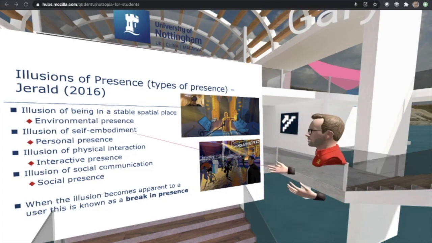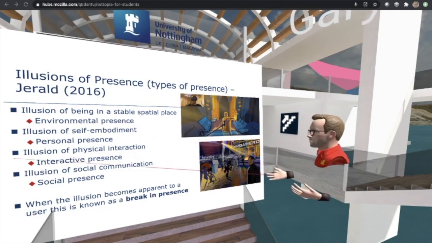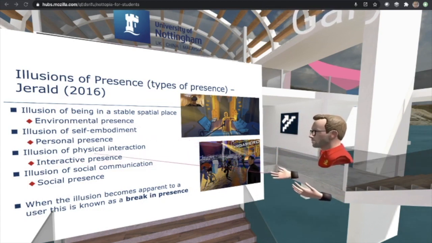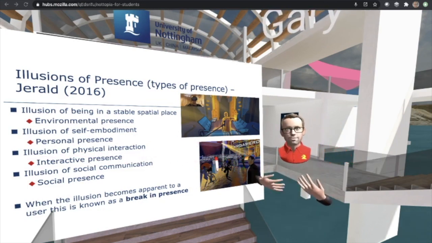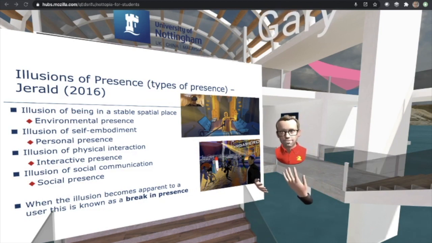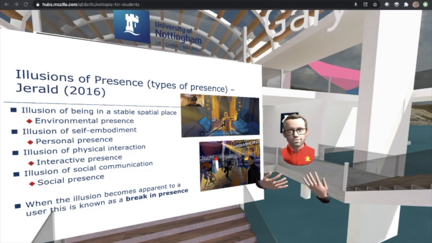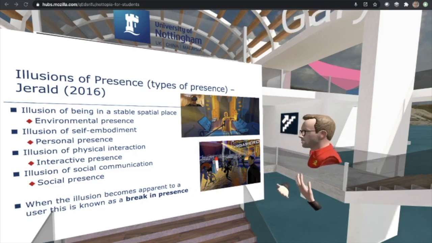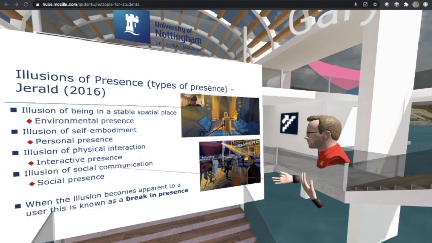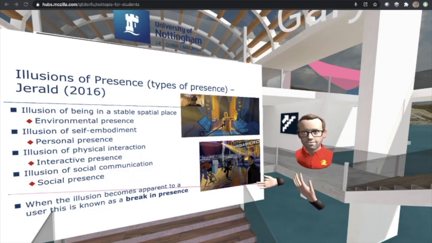We can have high presence with the illusion of physical interaction. So being able to actually influence the world, to be able to touch things, to move things, to interact in a two-way. These are also important for presence. And the last one is about the sense of being able to communicate with others.